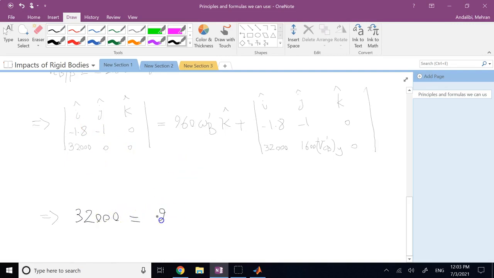On this one you have 9600 omega prime B. If you expand this one, you will get plus 1.8 times 1600 that, and then plus some 32,000 again.